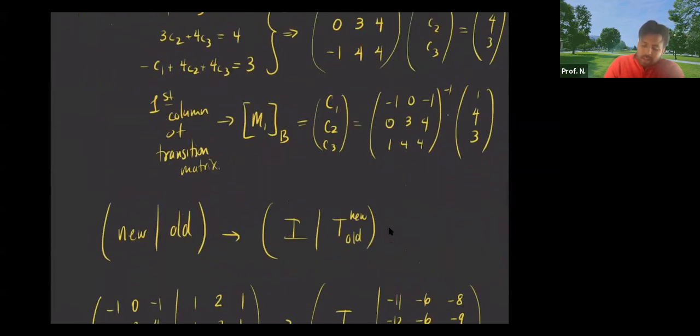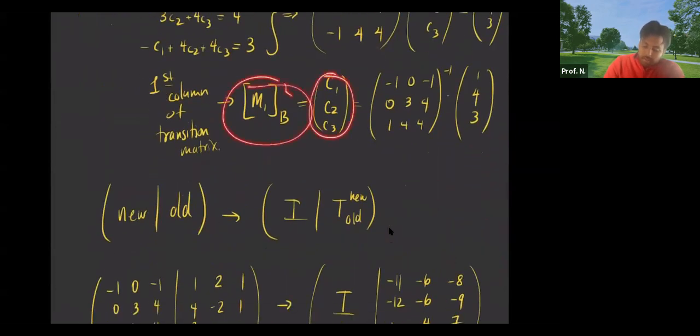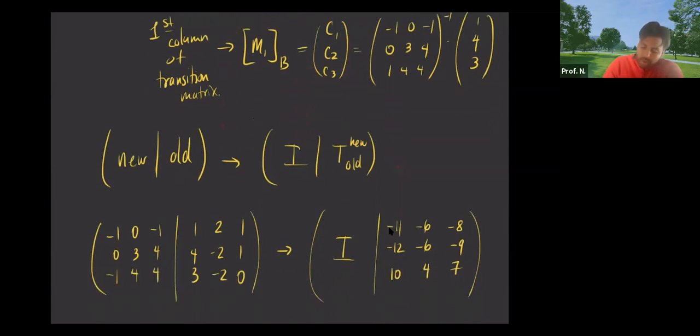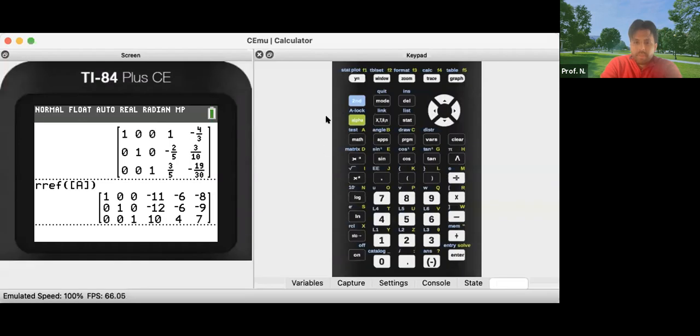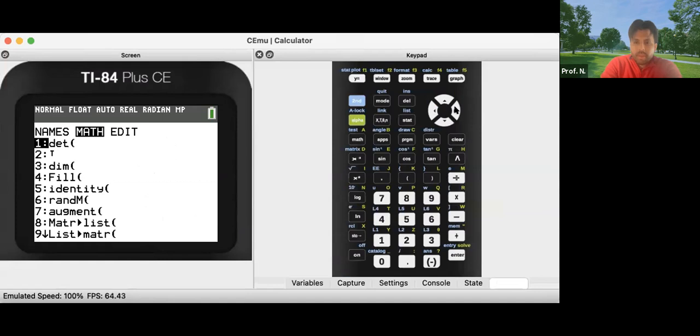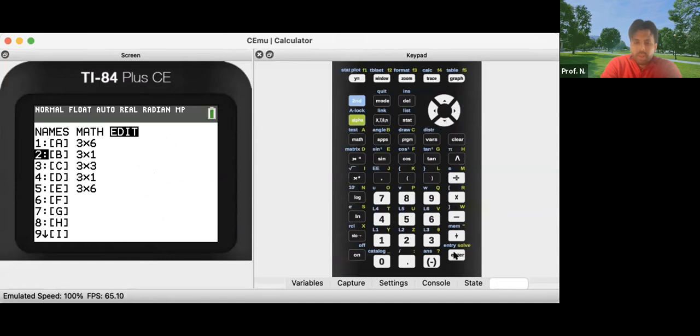So the idea is that this here is represented by this, that this first column here would be the solution to this system. If that's the case, then everything is right in the world. So let me just do that really quick. I'm going to edit the B value to be a 3 by 3.